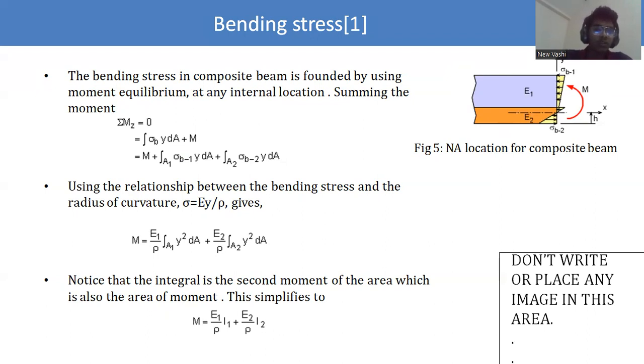Sum of Mz is equal to the integral of y sigma b dA plus M, that is equal to M plus the integral over A1 of sigma b1 y dA plus the integral over A2 of sigma b2 y dA.